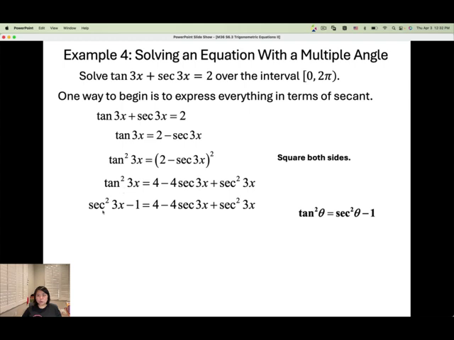We cancel out the secant squared 3x and we're only left with these 3 terms. Combine the terms, divide by 4 on both sides, and we try to convert it to cosine. So the reciprocal of 5 over 4 will be equal to cosine 3x.